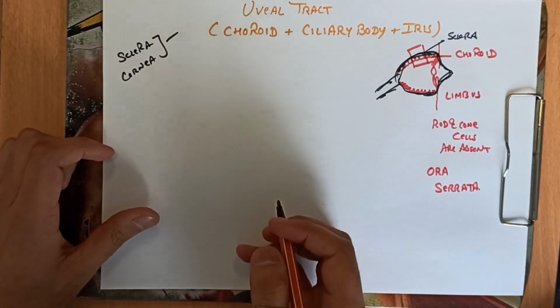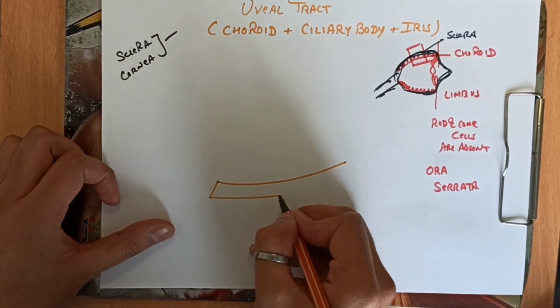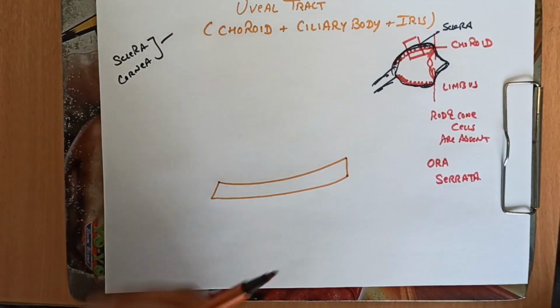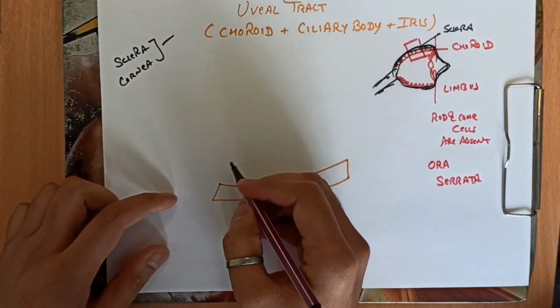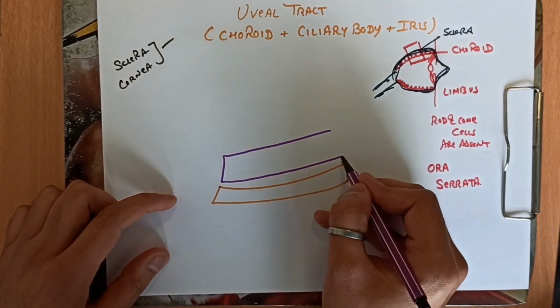This cross section if I take, this is the sclera. This is the choroid.